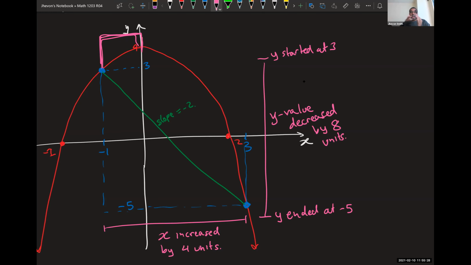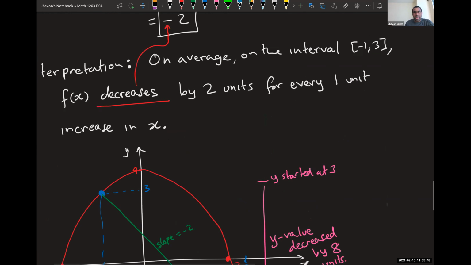But the idea is, on average, over this entire period, how did the Y value behave? On average, it was decreasing. Most of the time, it was decreasing. It may have increased here and there, but overall, the trend was a decreasing trend. And so that's what the average rate of change is telling you. And hopefully that's clear. Is that clear to everyone?